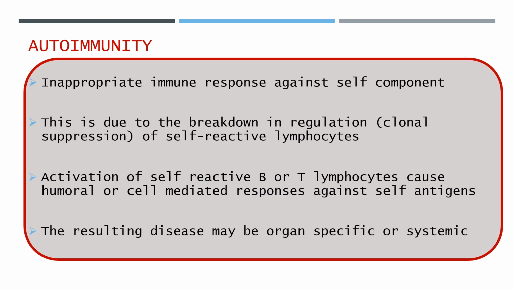Essentially, both the T lymphocyte and B lymphocyte can become reactive after the loss of regulation of clonal suppression of self-reactive lymphocytes. When this regulation is lost, the activated self-reactive B or T lymphocytes begin to react against self components and destroy self-antigens in the body. However, the resulting disease can be either organ-specific or generalized, or systemic.